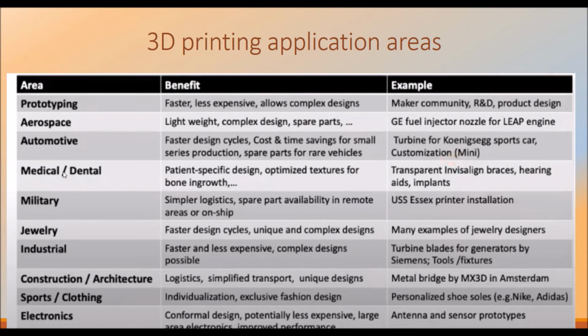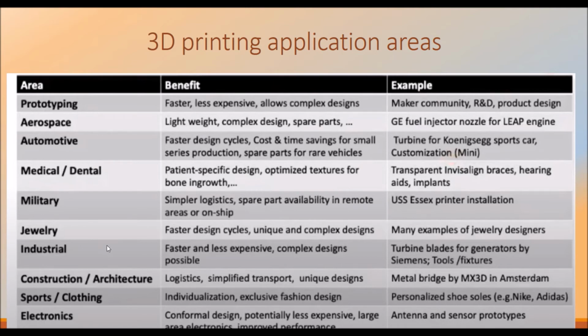Coming to the medical or dental area, its benefits are patient-specific design, optimized structures for bone ingrowth, etc. And the examples for this area are transparent invisible braces, hearing aids, implants. In the military area, benefits are simpler logistics and spare parts availability in remote areas or on ships. And the example is the USS printer installation.